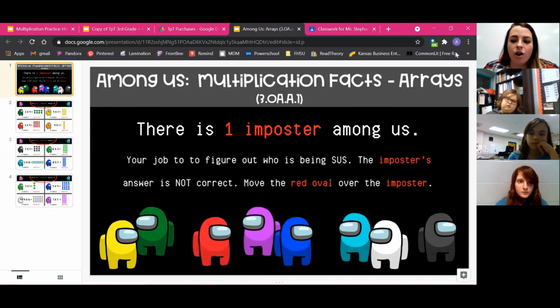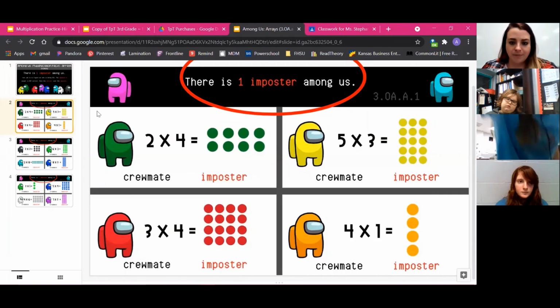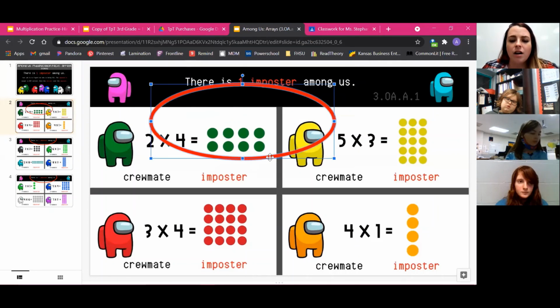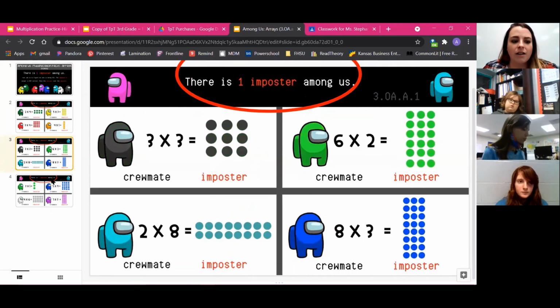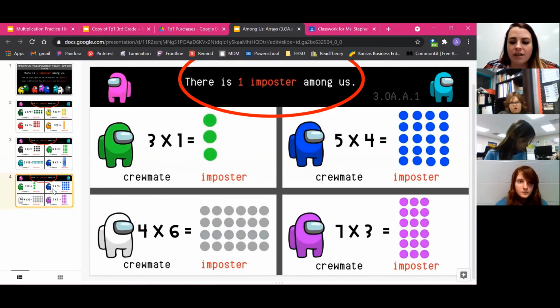Move the red oval over the imposter. So there's 3 slides here. So there's one imposter. So you have to figure out which one is incorrect and put the red oval over whichever one is incorrect. And you're going to do that in all 3. And when you're done with that, you're going to turn that into Google Classroom. Okay? Do we have any questions?